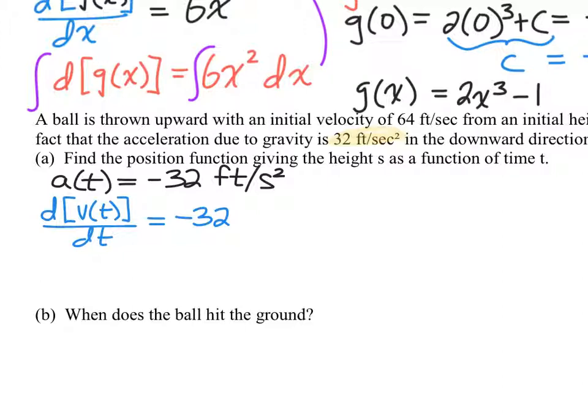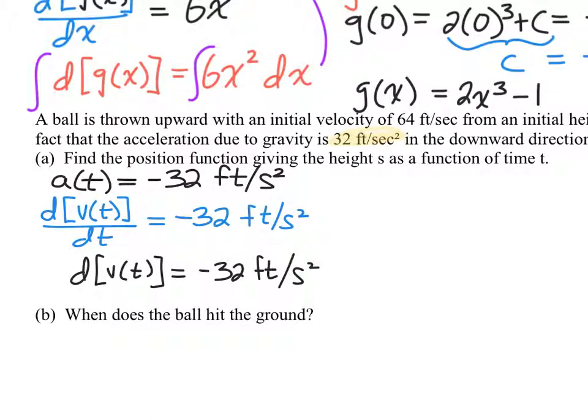I'm going to leave the units in here. It's going to get a little messy, but I want to, at least this one time, show you something that ends up being pretty cool, I think. So get it into differential form. You'd have dv of t would be equal to negative 32 feet per second squared dt, at which point we would integrate.